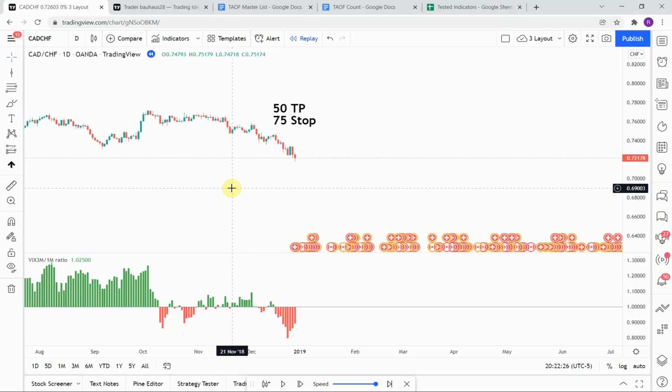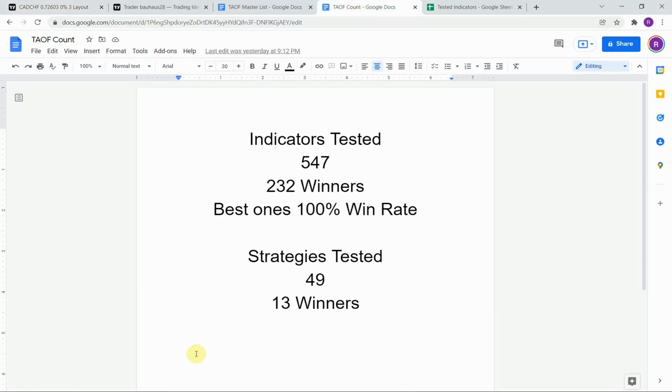Alright, as I said, today we will be testing the VIX3M indicator. Before we do though, I wanted to put the testing scoreboard up for everyone to see. So to date, we have tested a total of 49 different strategies, with 13 of them being profitable. We've also tested a total of 547 indicators, with 232 of them being winners.